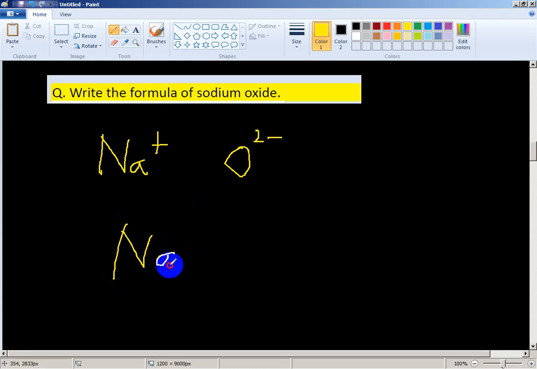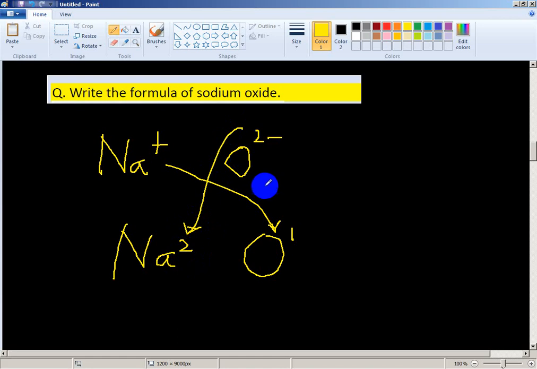Swap. This 1 will come to oxygen. Swapping. Now this 2 will come to sodium. The bigger number is cut. This 2 will come to here. This process is called swap.